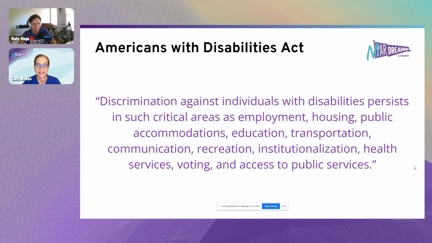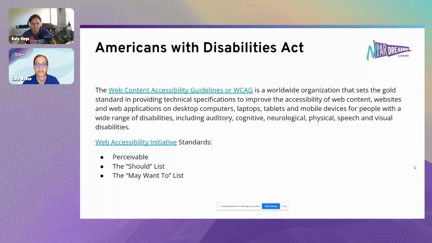That is going to be the key part here. They do consider that technology. Recreation, institutionalization, health services, voting, and access to public services. So accommodating anybody across the board with a disability. And again, communication does fall under electronic communication.